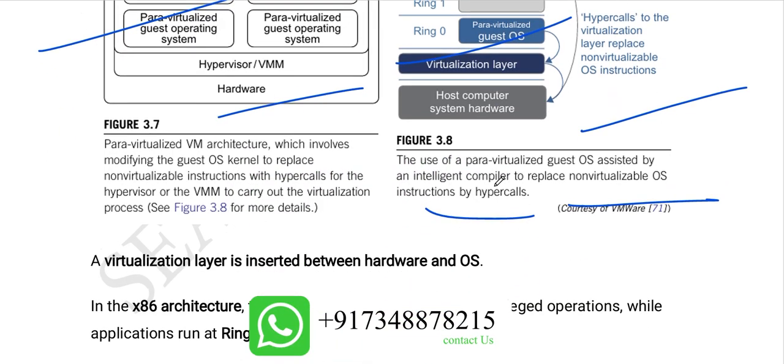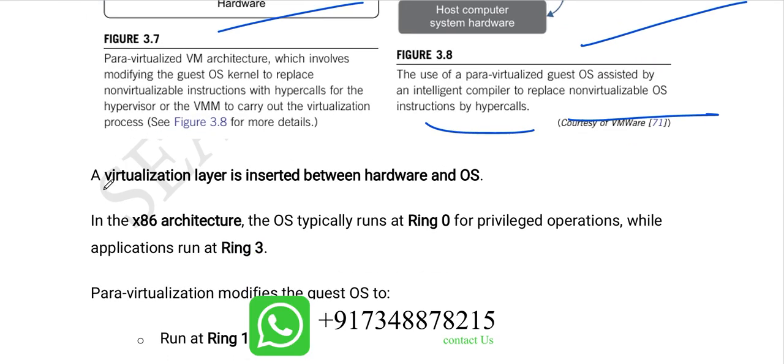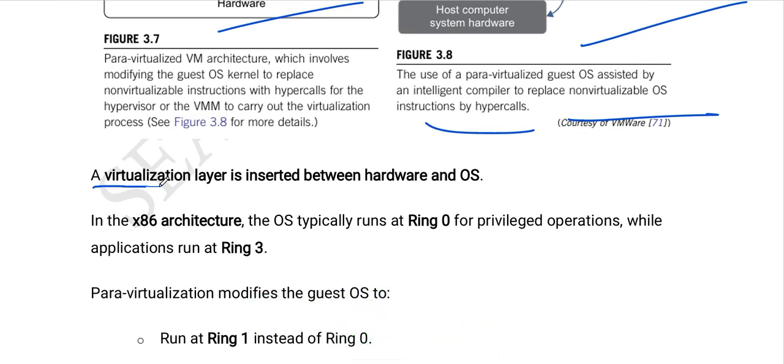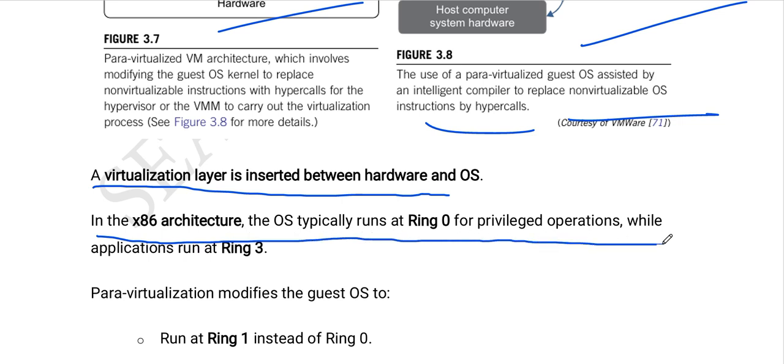Next, a virtualization layer is inserted between hardware and operating system. We saw this earlier. In x86 architecture, the OS typically runs at ring 0 for privileged operation while applications run at ring 3.